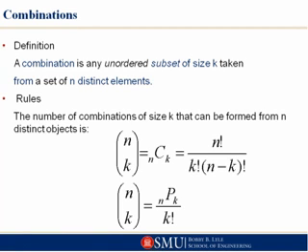It's an unordered subset of size k, taken from a set of n distinct elements. The number of combinations of size k that can be formed from n distinct objects is denoted as you see here, n choose k.